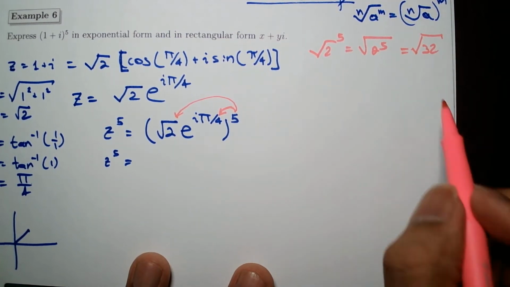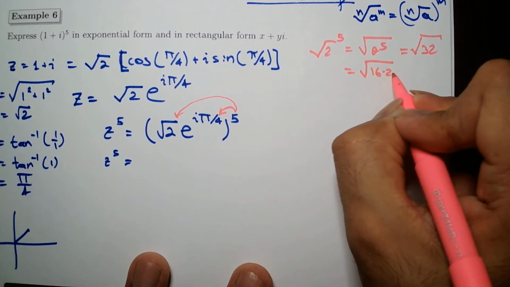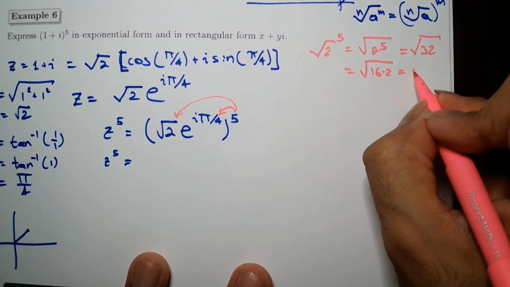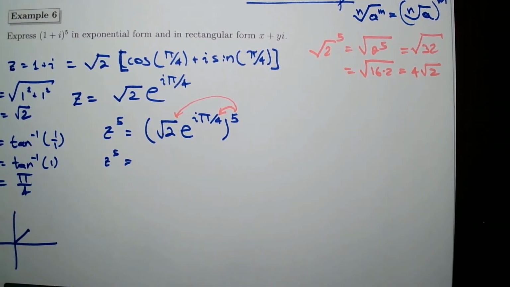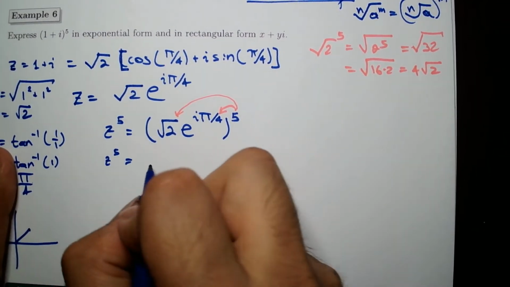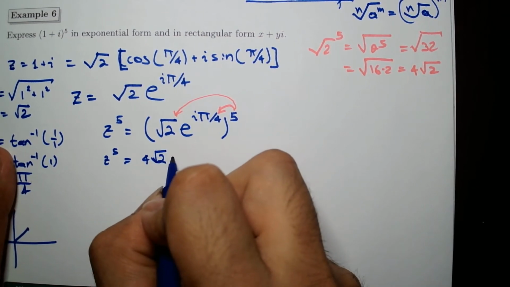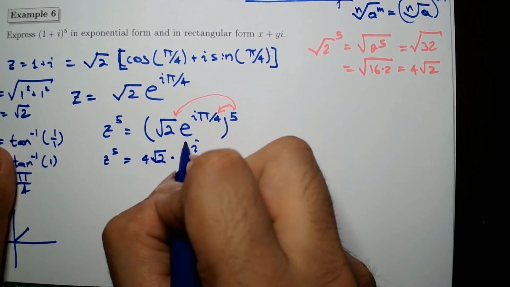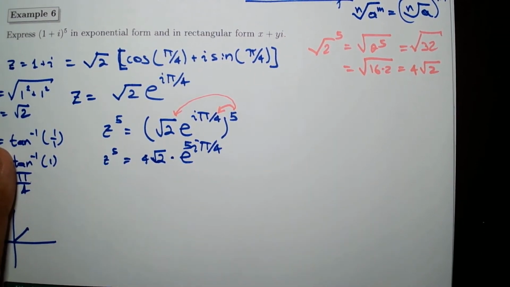Then I'm going to reduce the square root of 32 as the square root of 16 times 2, and the square root of 16 is 4. The square root of 2 is simply square root of 2. So I'm going to go 4 square root of 2 times e to the, actually, 5i pi over 4.